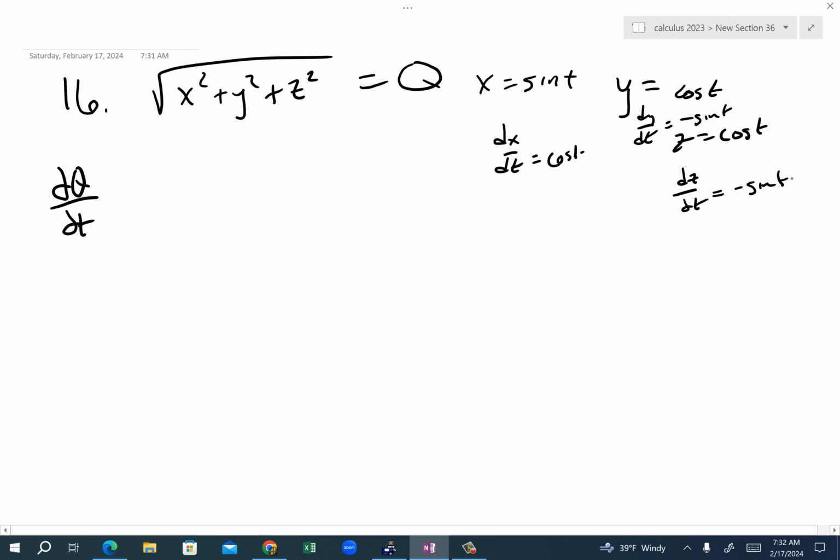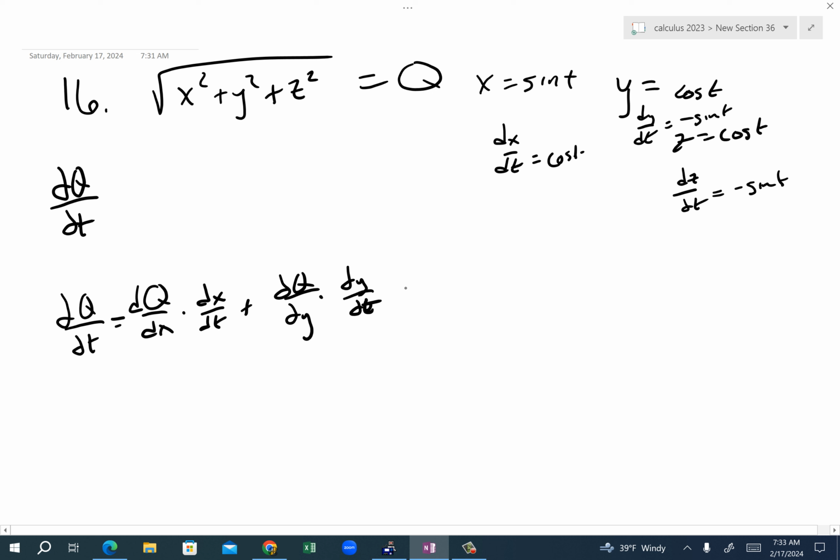So what I need to find is dq/dt, and I'm going to write it down here. It is long because it's dq/dx times dx/dt plus dq/dy times dy/dt plus dq/dz times dz/dt. And it's going to be ugly no matter what you do.